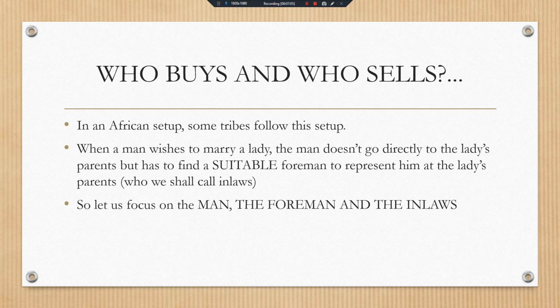But what I'll need is a foreman who will go before me and deliver the word, right? So in this situation, we have a man who wants to marry, the foreman, and the in-laws.